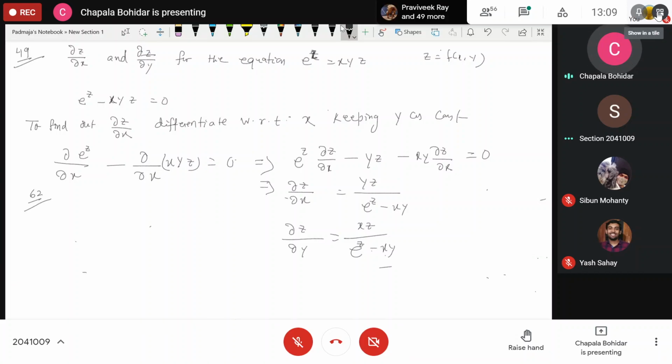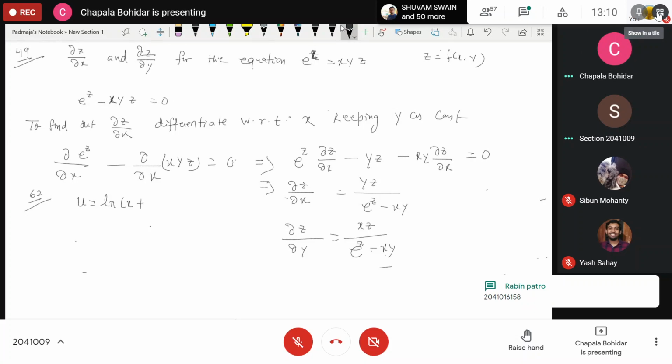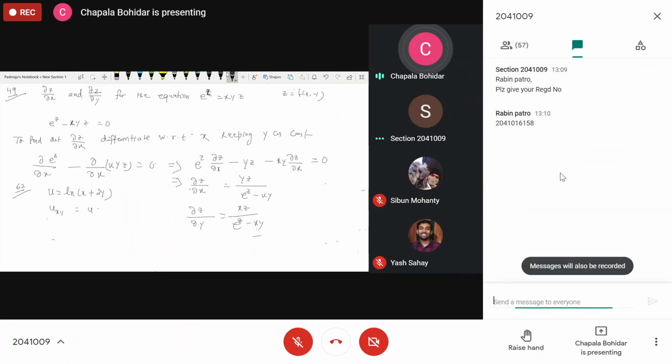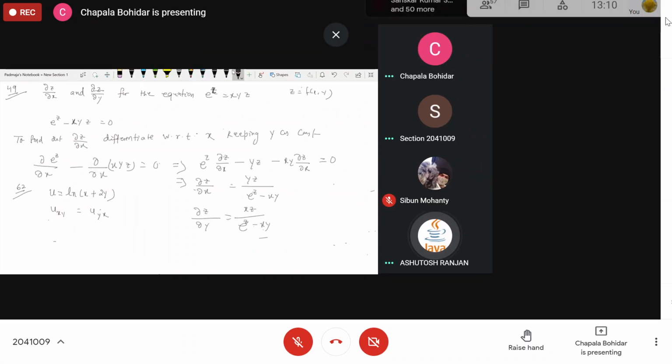Verify that the conclusion of Clairaut's theorem holds. That is, your question is u is equal to ln of x plus 2y. What is Clairaut's theorem? u of xy is equal to u of yx. Do it.